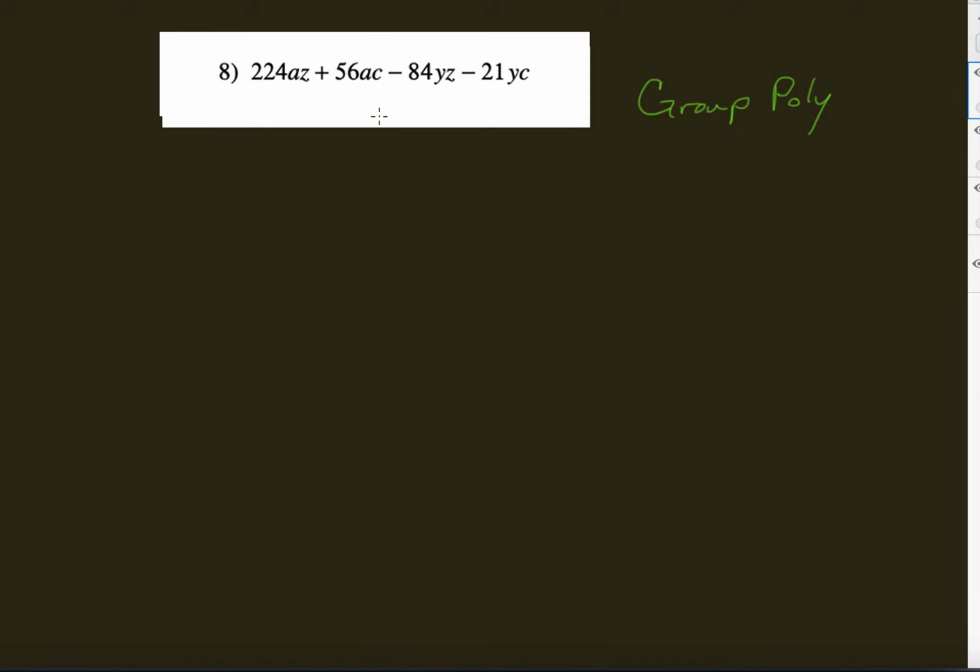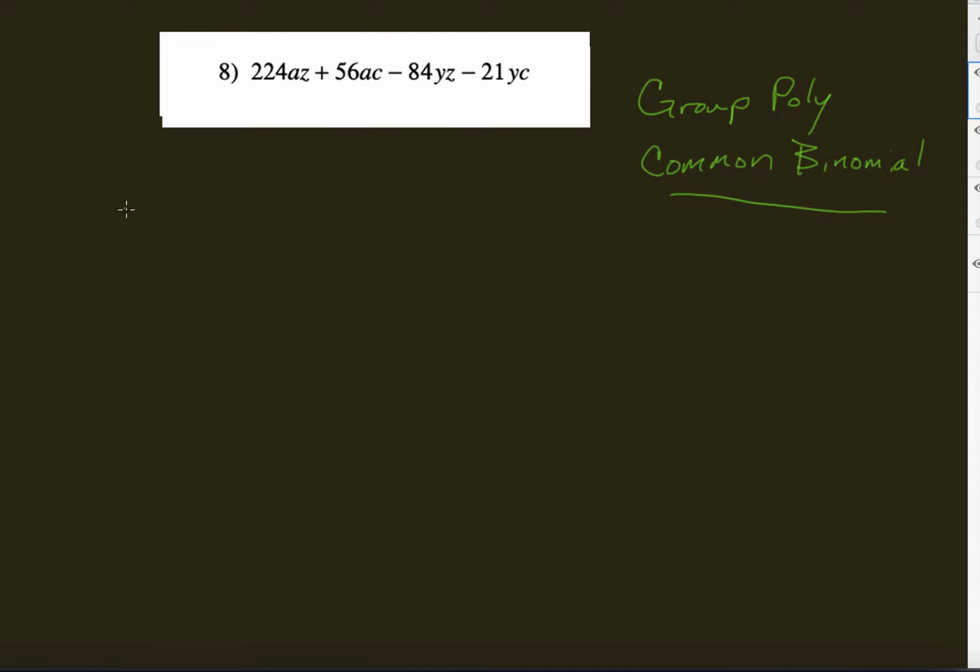So we have to write this out and group it, and then what we're looking for is a common binomial. Okay, we're looking for that common binomial. I'm looking for something in that set of parentheses when I factor that is in common, and then what's left over will be my other factor.